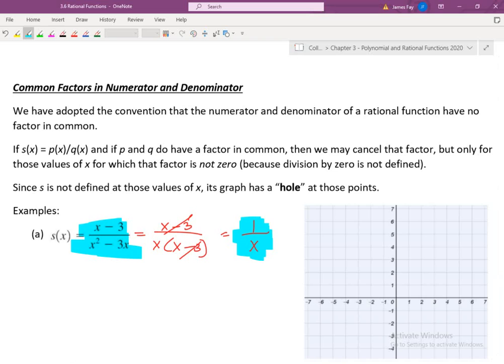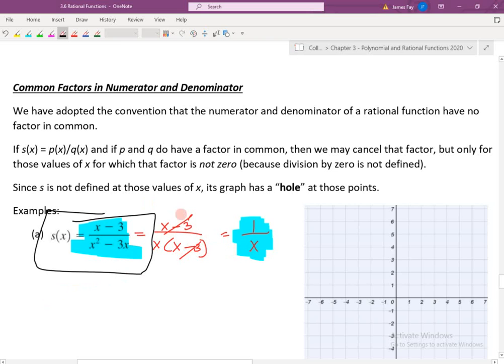Even though those things cancel, I still cannot plug 3 into the original function, because you're going to get 0 divided by 0. 0 divided by 0 still abides by the rule that we're not allowed to divide by 0. So, even taking 0 and dividing by 0 is not allowed, we've got an issue at x equals 3.